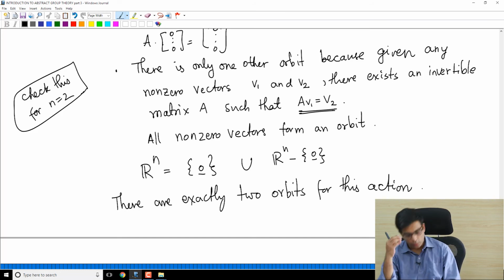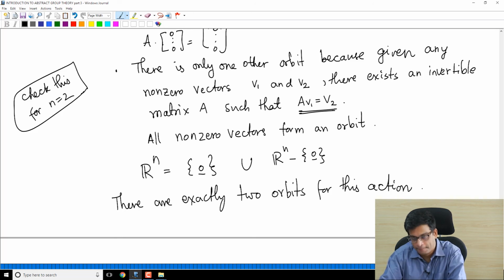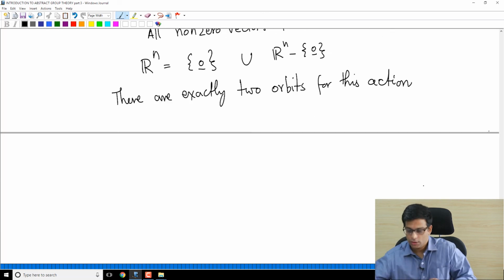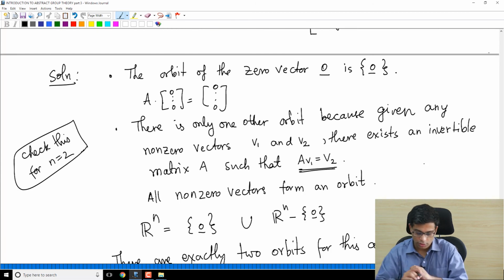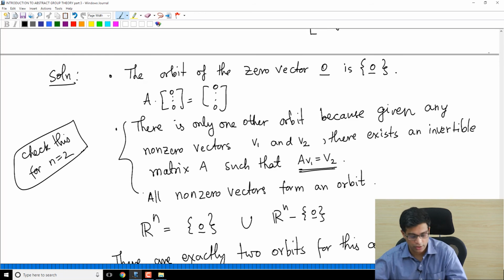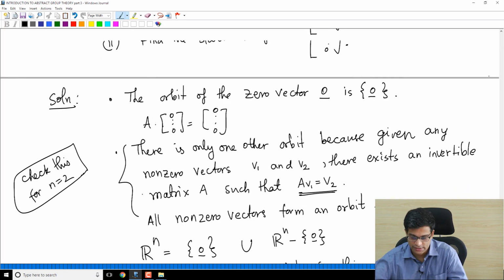Note that the counting formula and so on don't make any sense here because the group is infinite and the set is infinite. So we can't get anything from the counting formula. However, we can say that the set is a disjoint union of orbits, which always holds irrespective of finiteness of the group or the set. And in this case, the two orbits are the 0 vector by itself and the non-zero vectors by themselves. So this is the orbit decomposition, modulo this fact, which I will leave for you to verify. In general also it's not difficult, and n equal to 2 is especially easy.